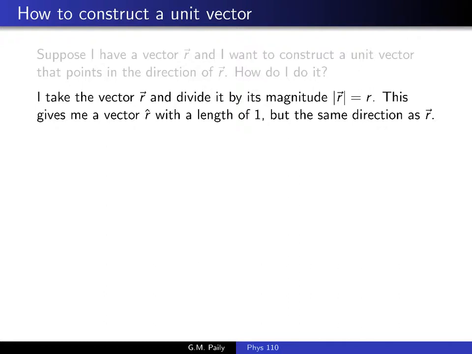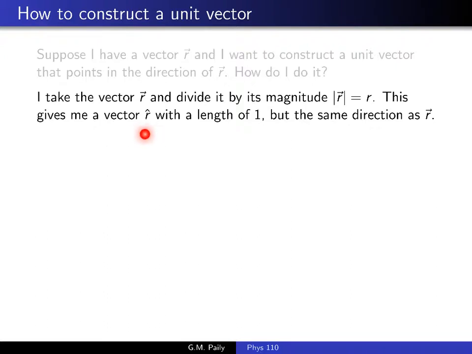So I take the vector r and divide it by its magnitude. Since I have divided the vector by a number, I will scale its length appropriately, and this gives me a unit vector with length 1, which still has the same direction as r. Remember that scalar multiplication doesn't change the direction of r, it simply changes the length.